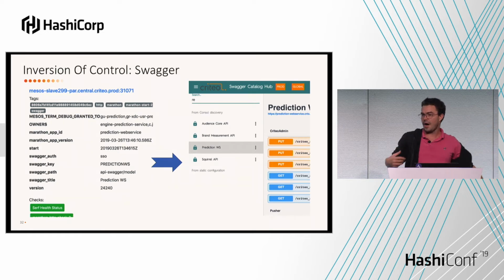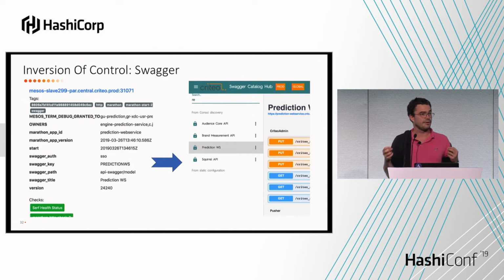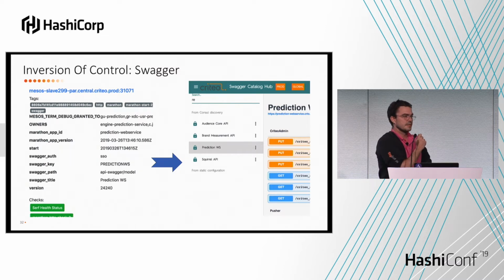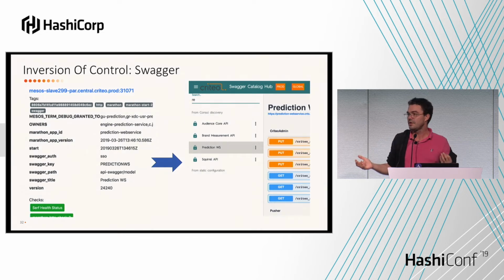One is going to say, oh, I need authentication to be called using the SSO. And others are about how you're going to present your application in the Swagger catalog app. And here, on the right side, you see the application displaying your Swagger catalog. What's even more interesting is, since it is linked to Consul, you can call it directly. So you've got an automatic catalog for auto-documenting all your REST services using Swagger, and you can call them directly. You can try the examples. So it's very fun.